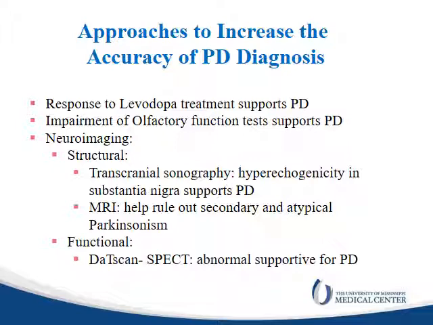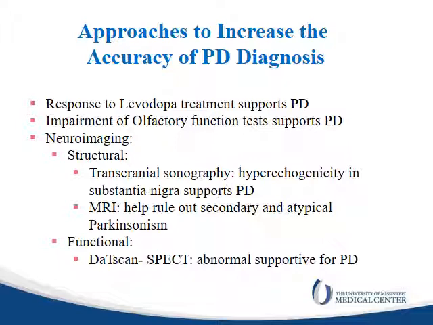There's one imaging modality, the transcranial Doppler, and it can show hyperechogenicity in the substantia nigra area, which is much more commonly seen in Parkinson's disease. Unfortunately, this technique is widely used in Europe, but not much in the United States, because it really depends on who's doing the ultrasound. The results may vary significantly.